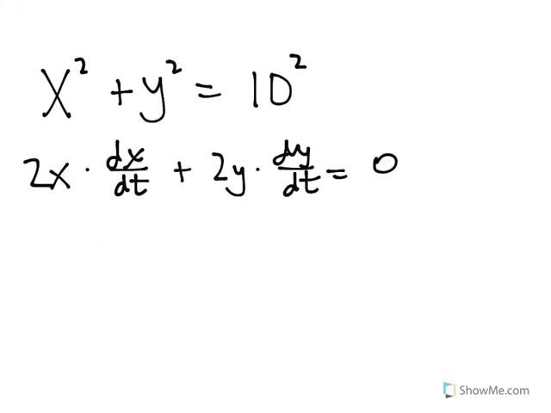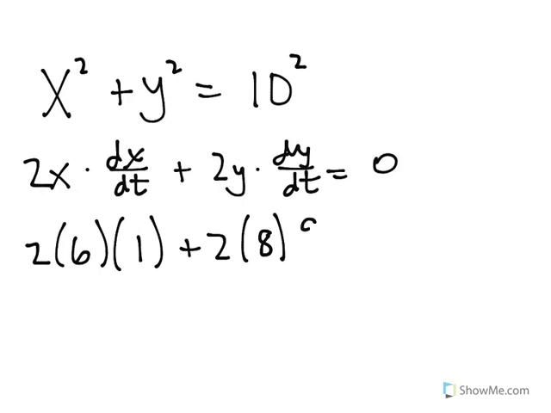So let's see. We know that x is 6, dx/dt is 1, y is 8. We're trying to find dy/dt, so we don't have a value to plug in there, and this is all equal to 0. So once you plug in everything that you have, you should only have one unknown left, and that unknown should be the thing that you're trying to solve for.